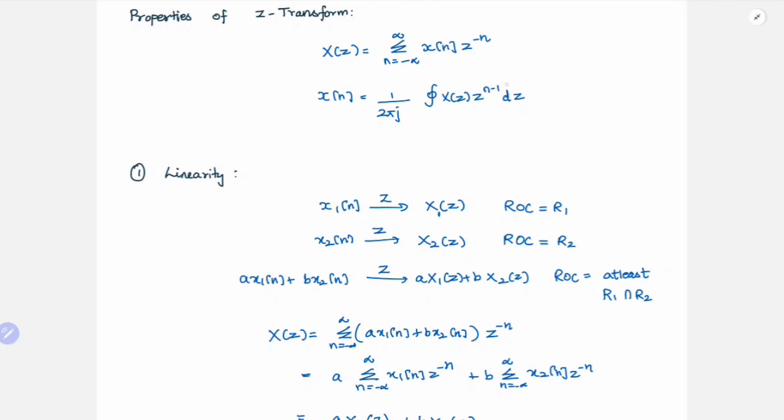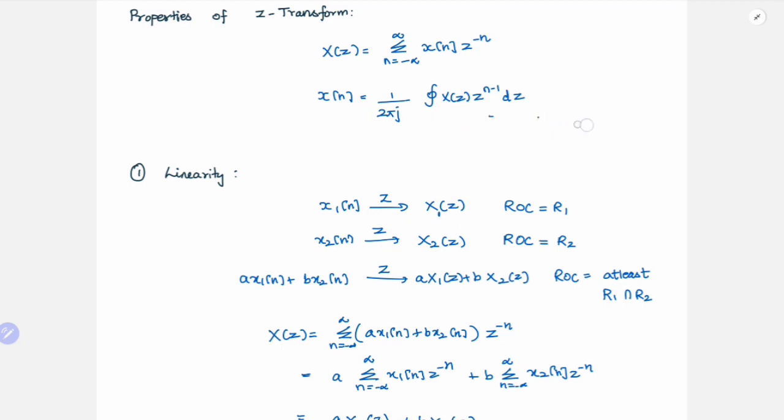So z power minus n naught, you can take it outside. So then the remaining will be your x of z. This is what you will get, correct?